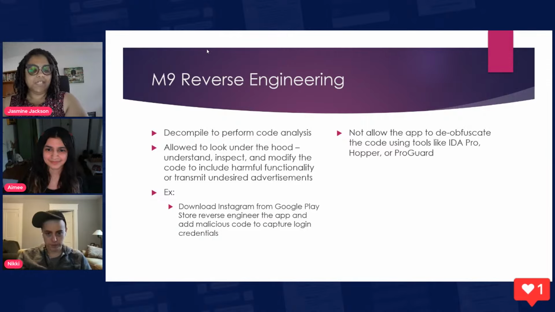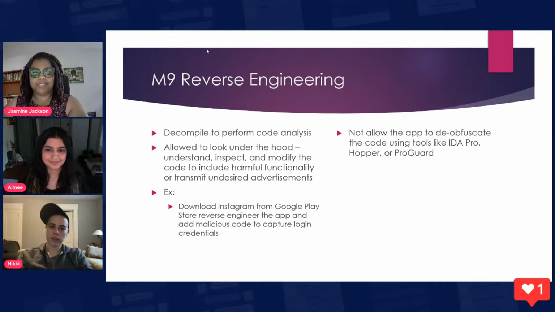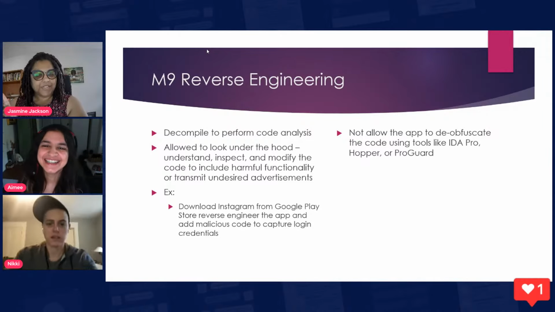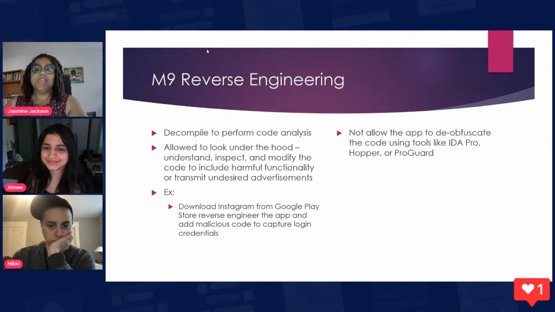An example of this, and don't do this, is to download Instagram from the Google Play Store, which is the official repository for Android apps, reverse engineer the app, and add malicious code to capture login credentials.